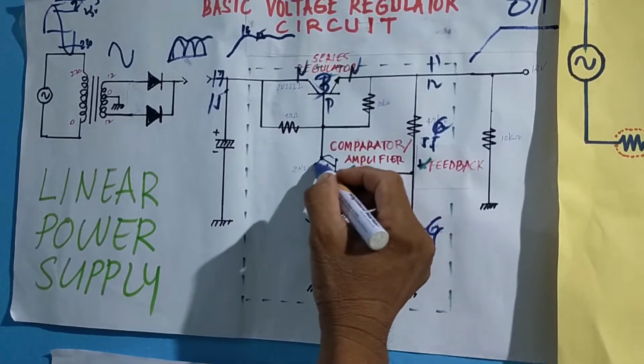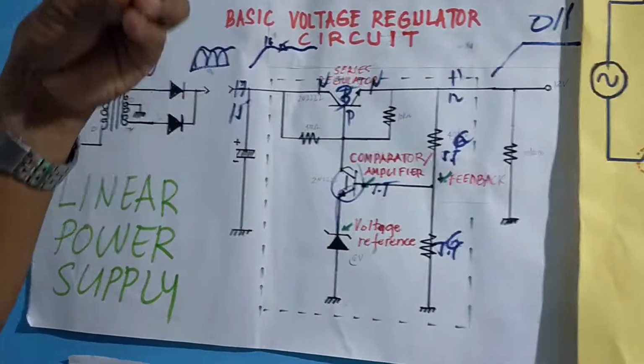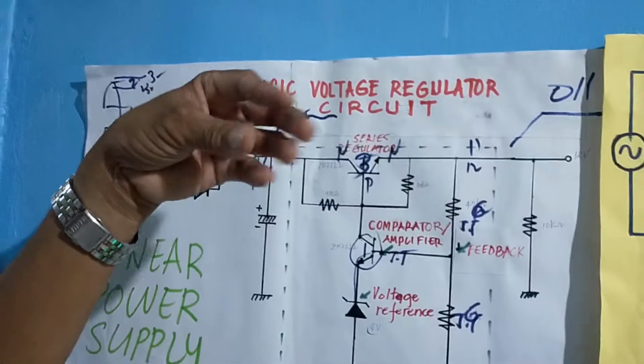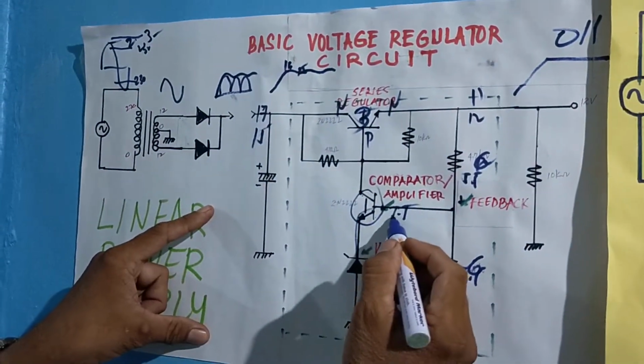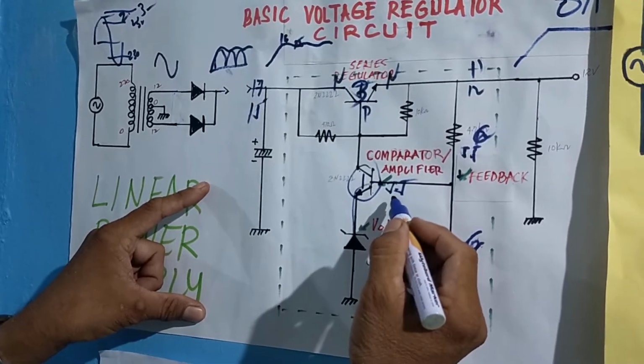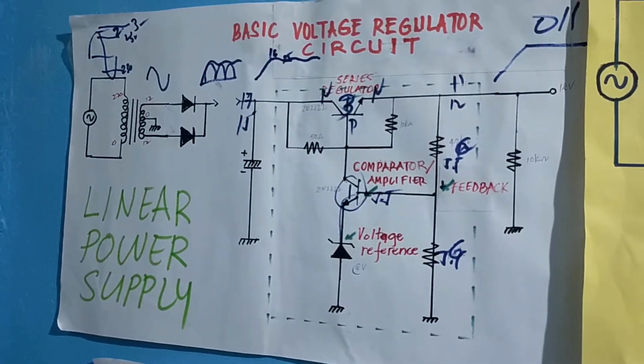So it reduced the operation of this transistor. Unlike a while ago, when it conducted more, now it conducts less, because the voltage is lesser. So this transistor is not operating.